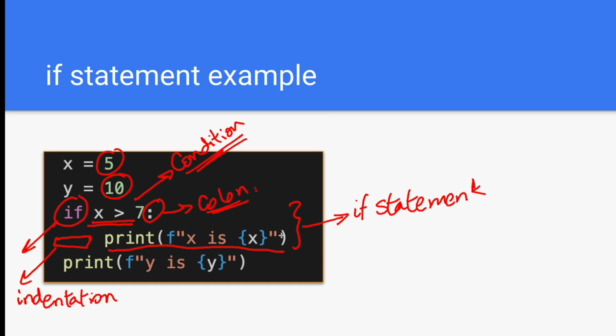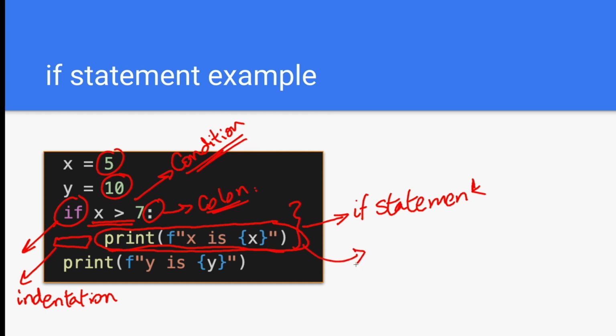And then after the condition, we have the colon. We talked about this, and this basically tells Python that this is when the if statement body is going to start. So in this case, the if statement body is this whole statement. Is the statement or statements that we want to execute if the if condition is evaluated to true.